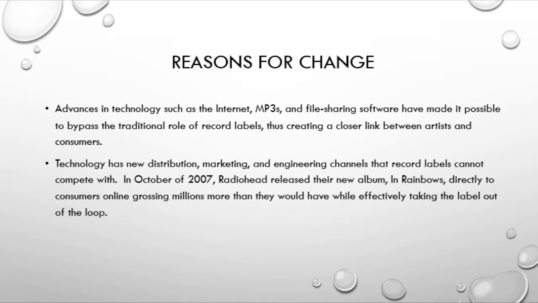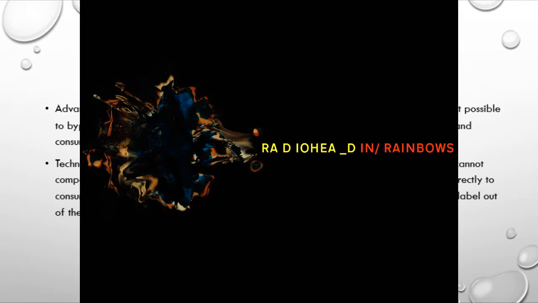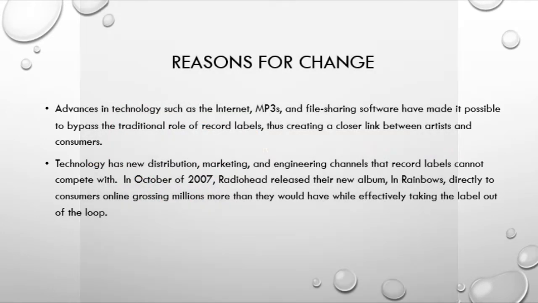The future is this technology, the distribution and marketing and engineering channel that record labels just can't compete with. Radiohead in 2007 released their album Rainbows directly to customers, made millions of dollars more than they would have, and took the label right out of the loop.